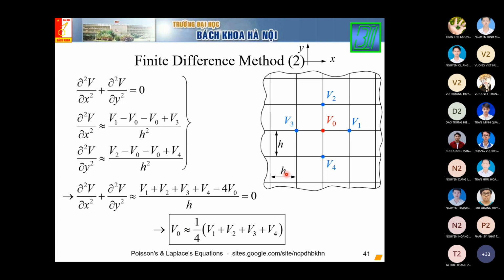In the best case, if h here is 0, the 4 surrounding points will be V0, and this will be equal, because in that case we get 4 V0 over 4, which is V0. So the first comment is that the smaller the value of h, the more accurate the result.